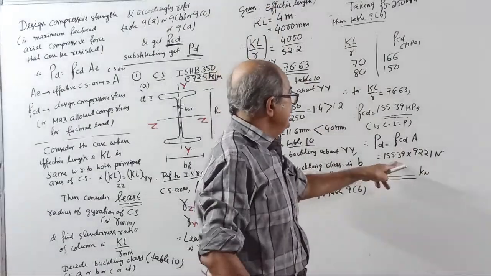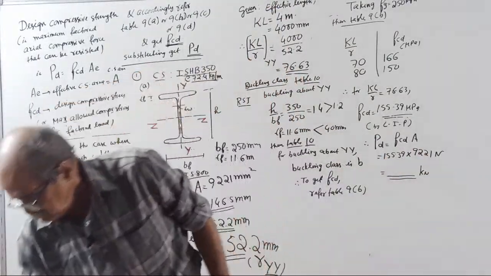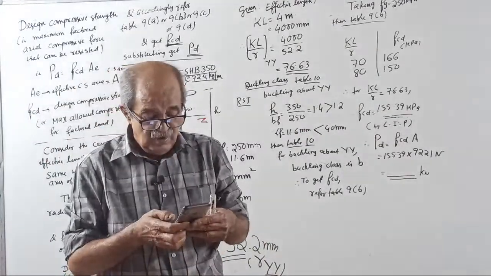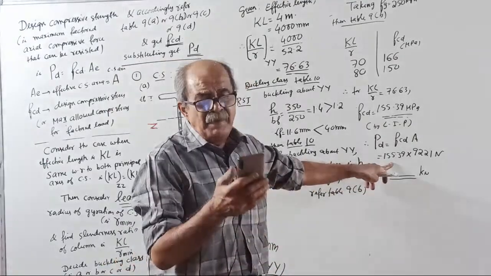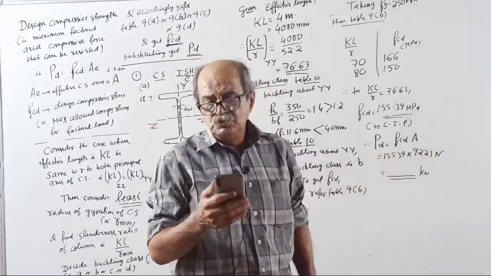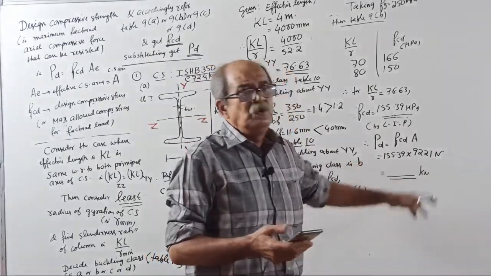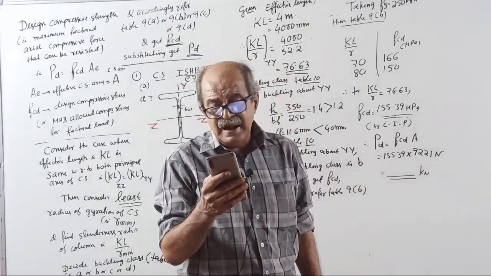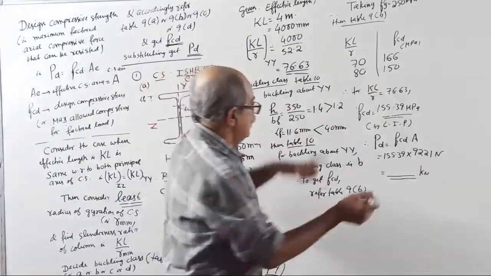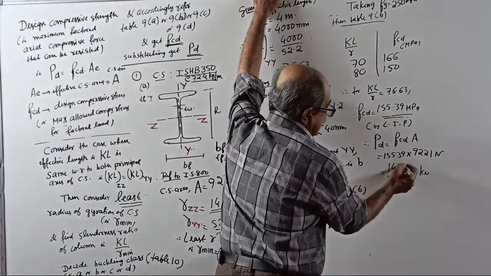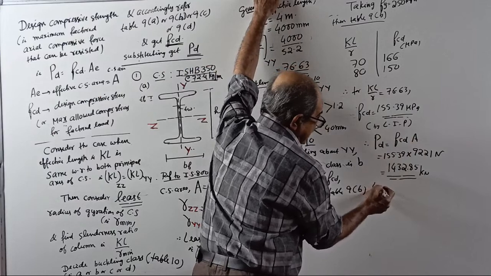You will get something into 10 to the power 3, divide by 1000 to get kilonewton. Newton per mm square into mm square gives you Newton, divide by 1000 and give kilonewton. 1432.85 kilonewton.